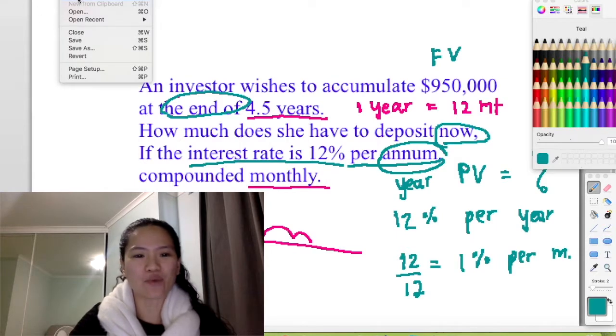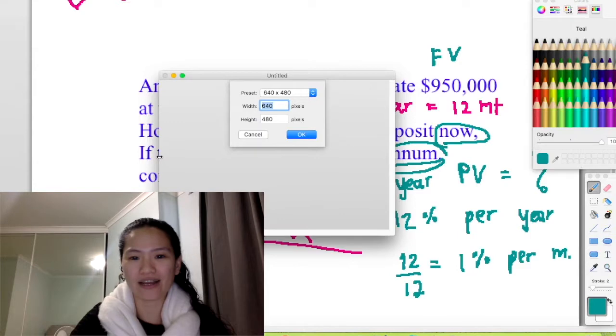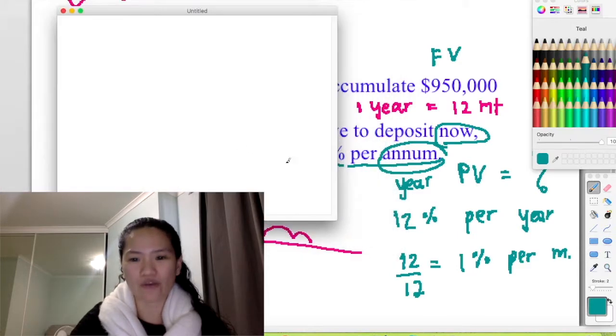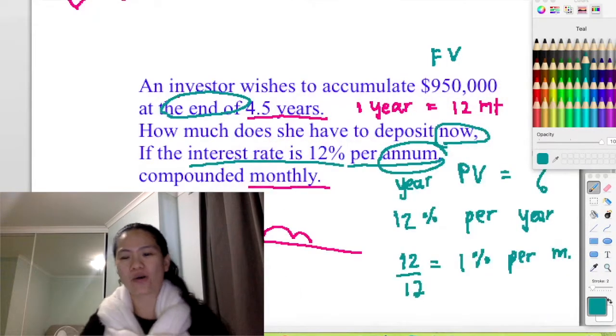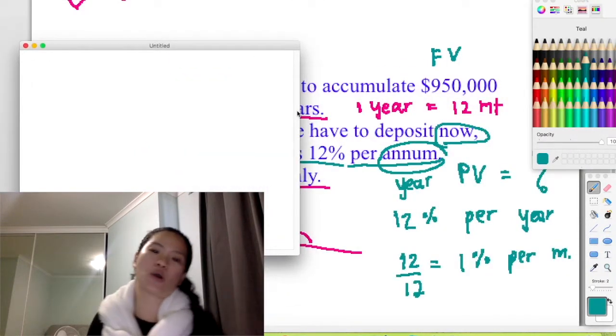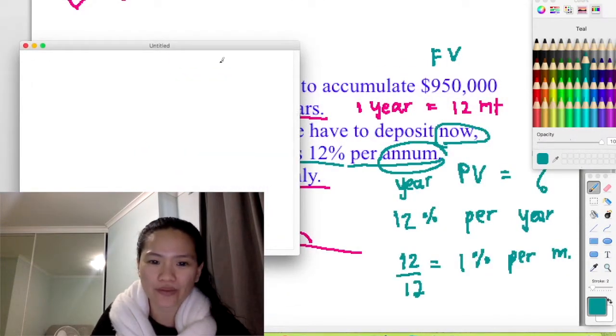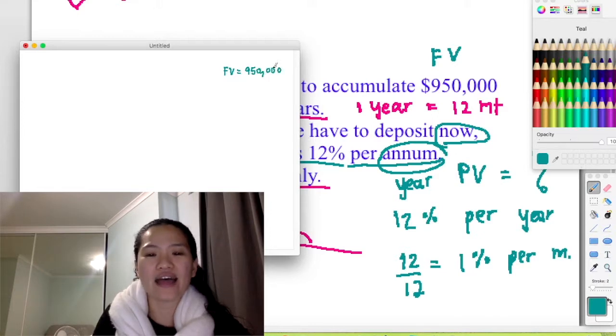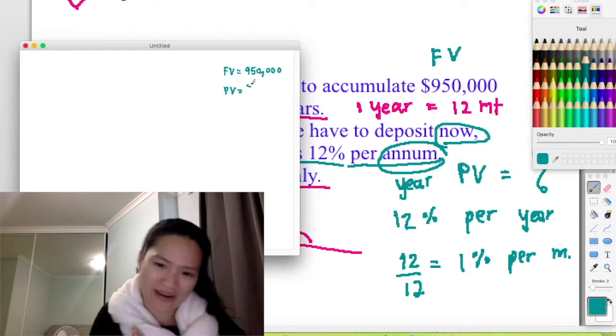I'm going to write down the formula again. Okay. Let's see what we know from here. We know the future value. You know that future value is $950,000. And then we want to find PV, present value.